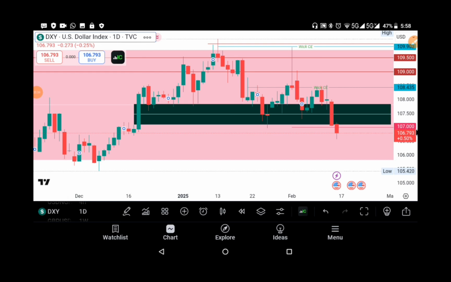But 106.500 will be what I'll be watching personally, and if it should go lower, I'll be interested in 106 big figure. So I will be expecting 107.5 to serve as a resistance level.